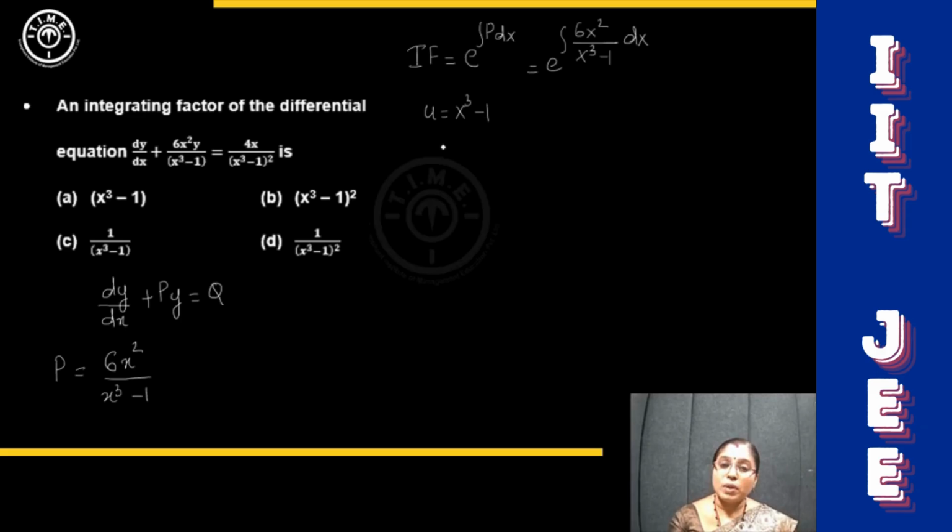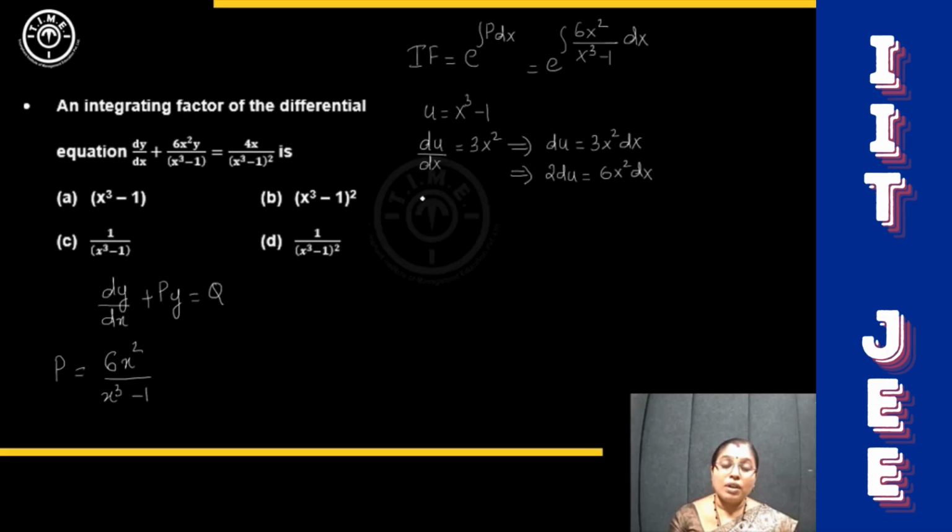If u is equal to x cube minus 1, du by dx will be 3x square. So du is equal to 3x square dx. But we want 6x square. So I am multiplying by 2 on both sides. So 2 du is equal to 6x square dx.